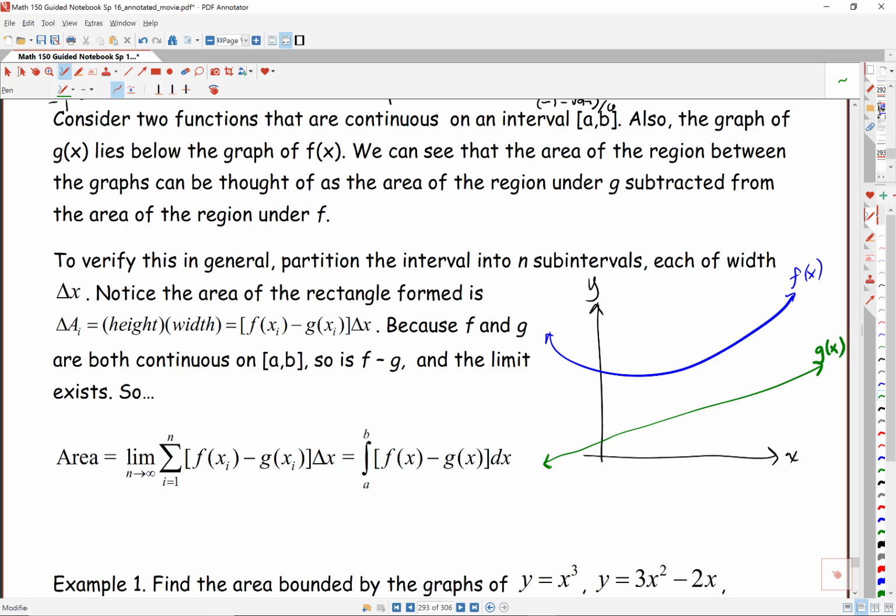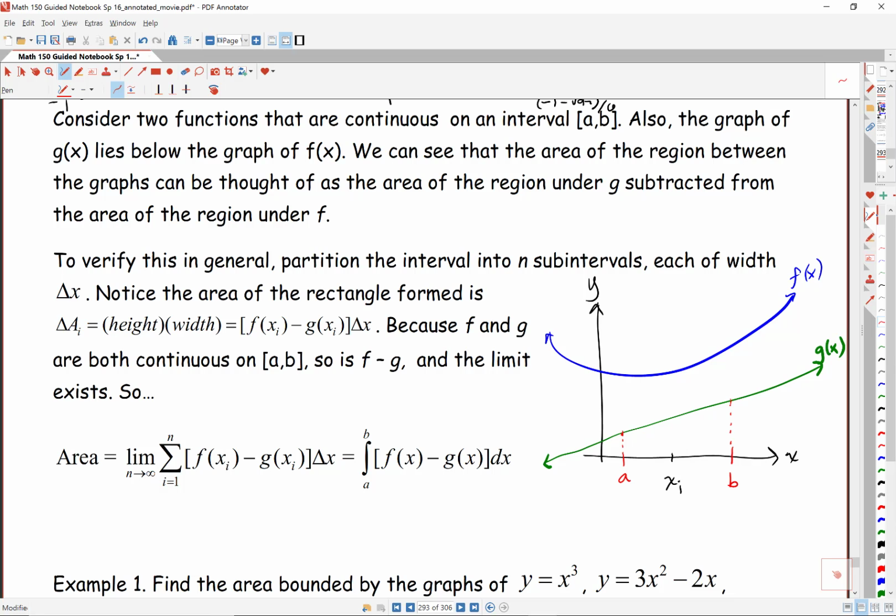Let's suppose our a is about here, and our b is over here, and let's also suppose that we have some xi here. Our a hits the bottommost graph about here, and our b hits the bottommost graph about here.